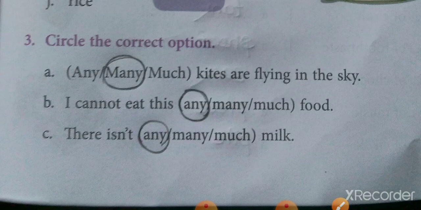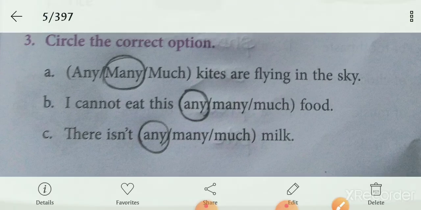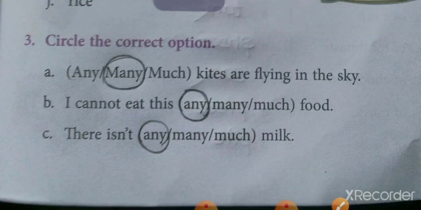Then 3b, I cannot eat this food. It is a negative sentence, so we will circle any. Then 3c, there is not milk. It is a negative sentence, so we will circle any.